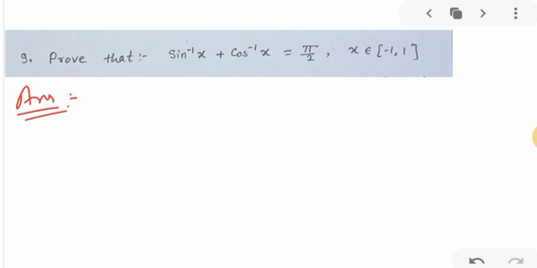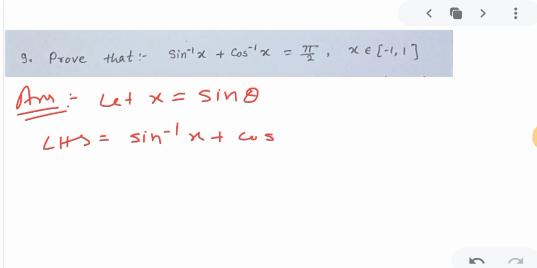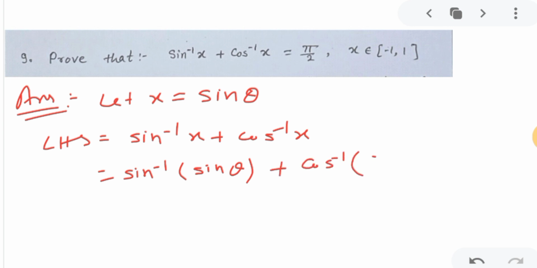So what I will do, let x be sin theta. I am taking x as sin theta. So LHS I can write as sin inverse x plus cos inverse x. LHS is this, correct? So I can write sin inverse of sin theta plus cos inverse of sin theta, since x is sin theta.